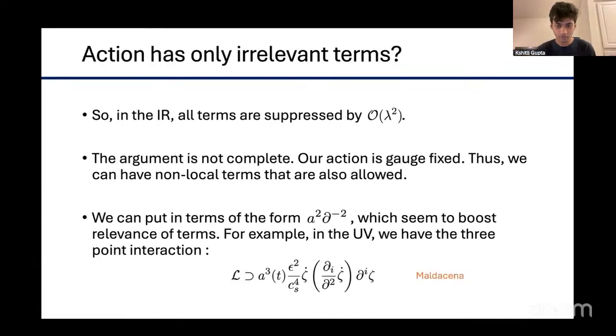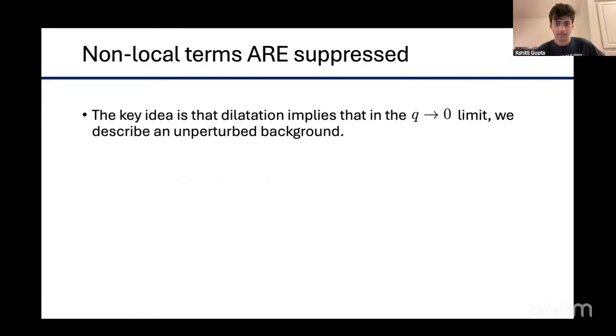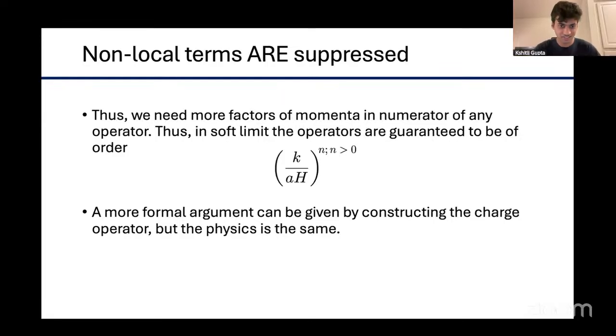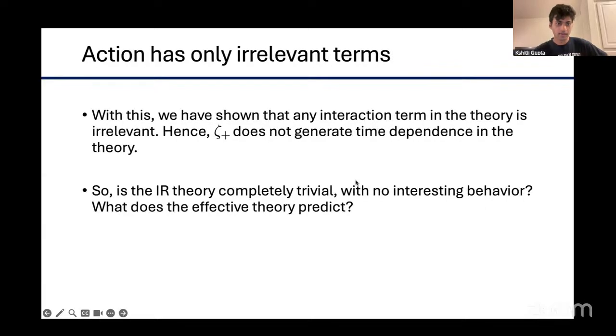I will not go into this in much detail, but the idea is that using symmetries, you can still show that these non-local terms are suppressed. In the interest of time, I'll probably skip over this, but you can take into account these non-local terms, and you'll still see that at the very least, all terms in the IR are k tau, or k over aH squared, suppressed.